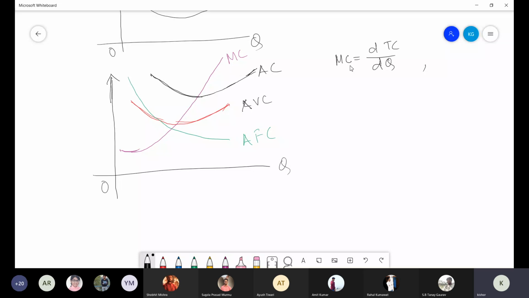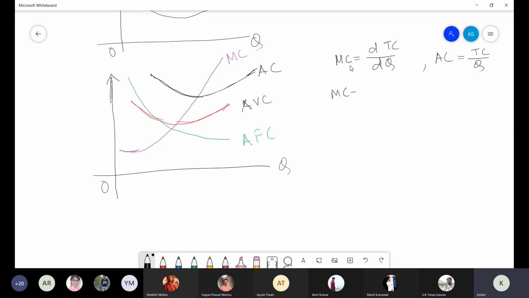And what we also know is average cost. Here the marginal cost component is there, but average cost is not there. Instead, total cost is there. This total cost we want to express in terms of average cost. How? Because average cost is nothing but total cost divided by Q, so total cost is AC into Q.